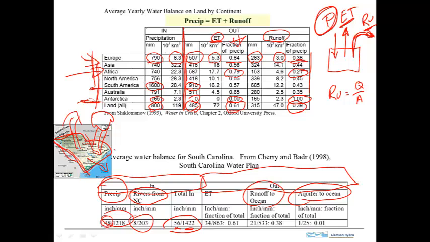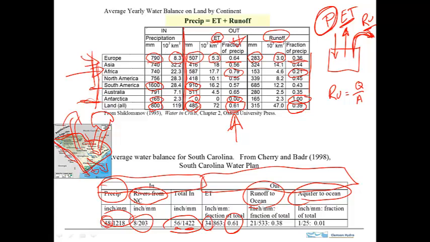The coastal aquifers will discharge in the subsurface to the ocean. And here are the amounts. The amount of ET is 34 inches, and taken as a fraction is 61%, or 0.61, and that's equal to the global average. So the ET in South Carolina is equal to the global average.